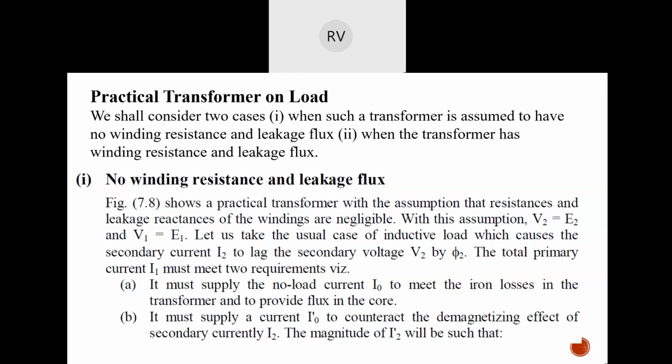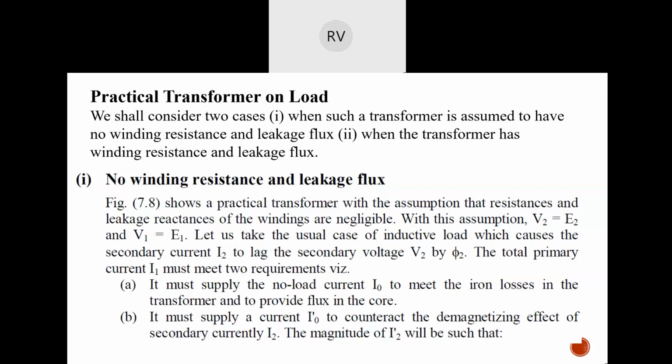And then it must supply a current I naught dash to counteract the demagnetizing effect of the secondary current I2. Whenever there is a load connected, you will have a demagnetizing effect from the secondary side. That has to be counteracted by the extra amount of current drawn by the primary. So I naught dash will be the extra amount of current.